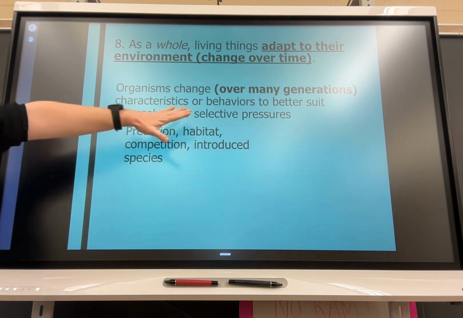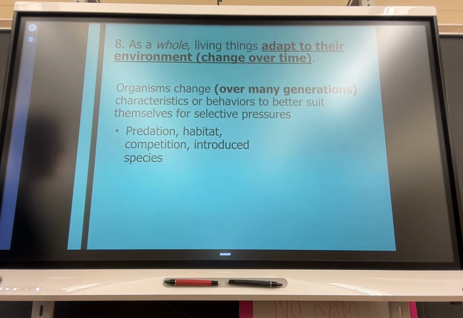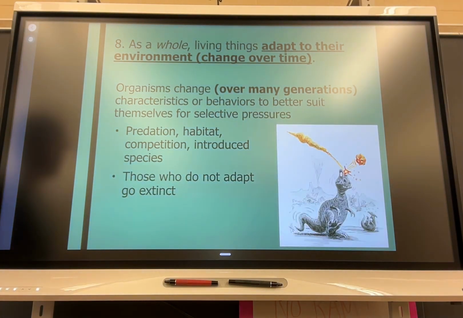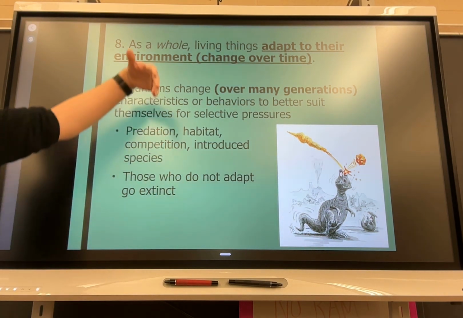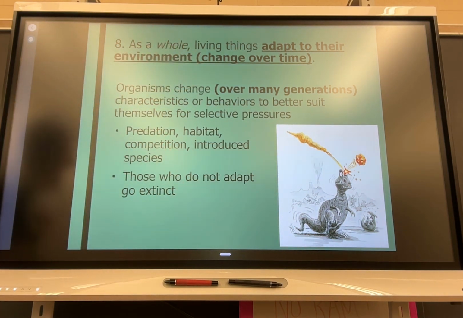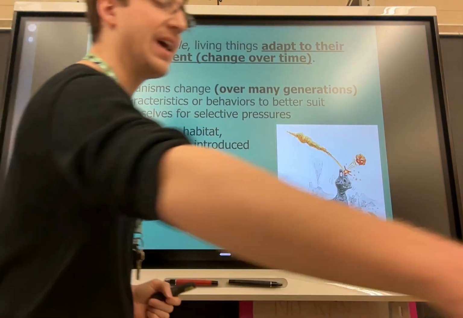These selective pressures could be things like predation, habitat, competition, introduced species. All of those are going to account for different traits that will help them to be better suited for that environment. And those that don't survive will end up going extinct.